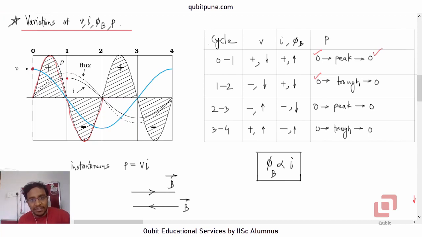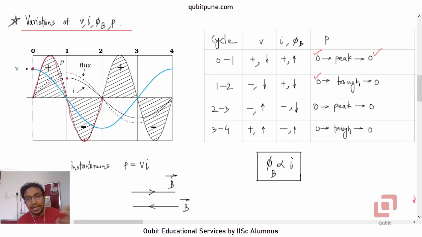Now let us look at the third part of this quarter cycle, 2 to 3. Why will the instantaneous power be positive here? The instantaneous power will be positive here because both the current and the voltage are negative. Voltage is negative but increasing, that means its magnitude is decreasing. And what about current? Current is negative and decreasing, it means its magnitude is increasing, but the sign is negative.